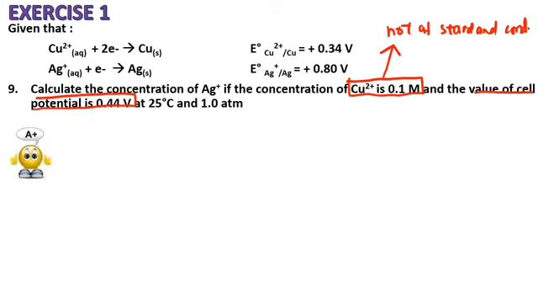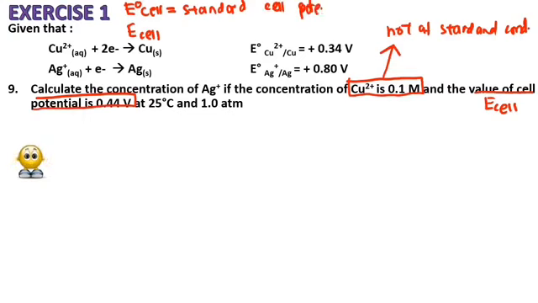So is this the value of E not cell or E cell? This is the value of E cell. What is the difference between E not cell and E cell? Take note in your notes. If E not cell, it means the cell potential measured at standard condition, known as the standard cell potential. Whereas if E cell, the value is not at standard, known as cell potential.